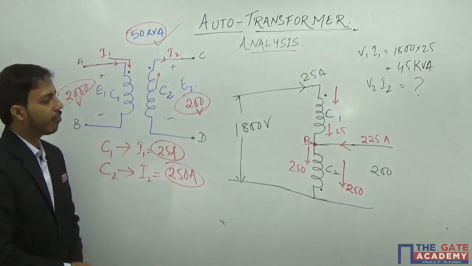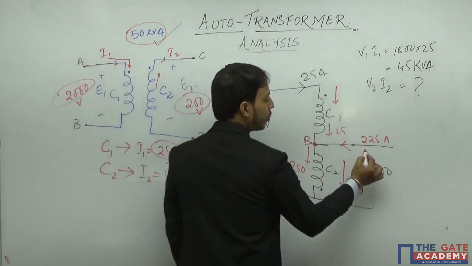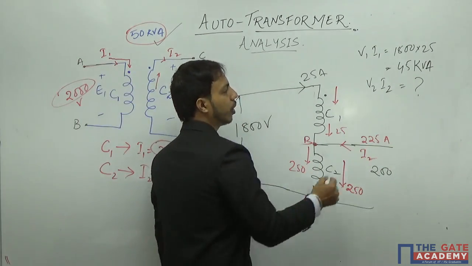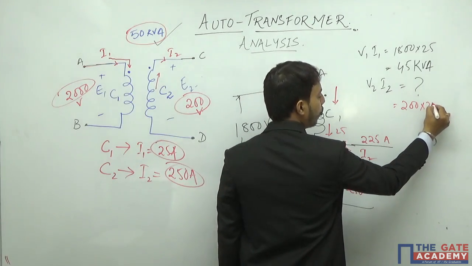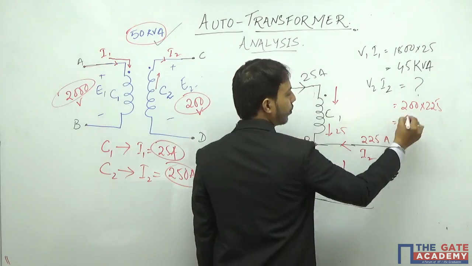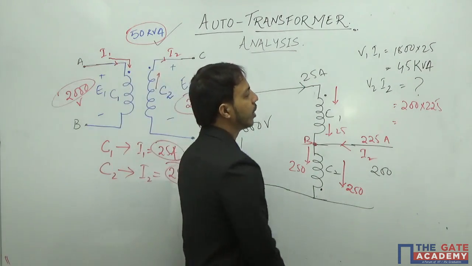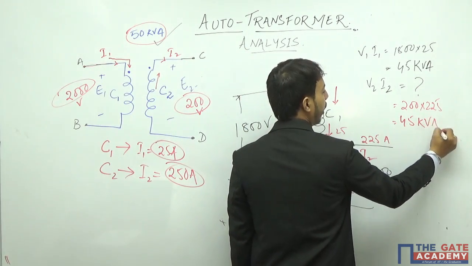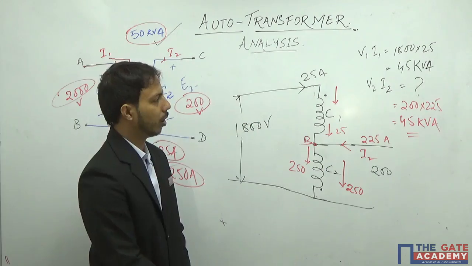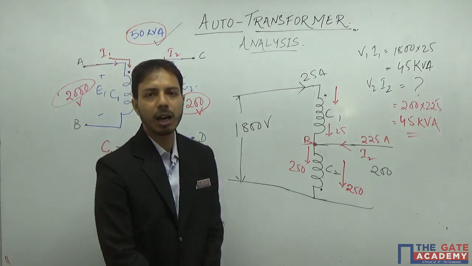So 225 amps of current will be my I2. Now V2 I know it is 200 multiplied by 225. Okay. So again, this will become 45 kVA. So you see, this is how we can calculate.